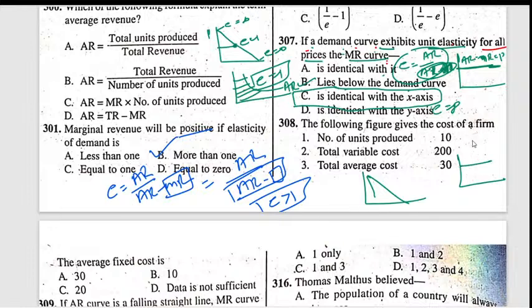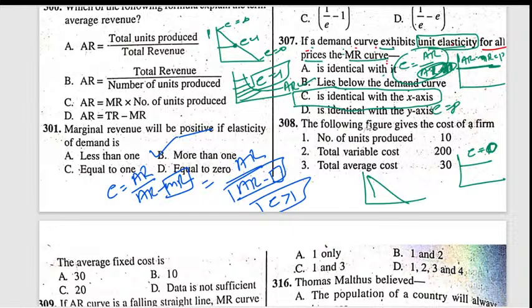Identical with x-axis means when the MR curve is identical with the x-axis, it will be horizontal. When it is horizontal, then the slope will be zero and elasticity will be infinite here in this case. But it is saying unit elasticity, it is not infinite elasticity.